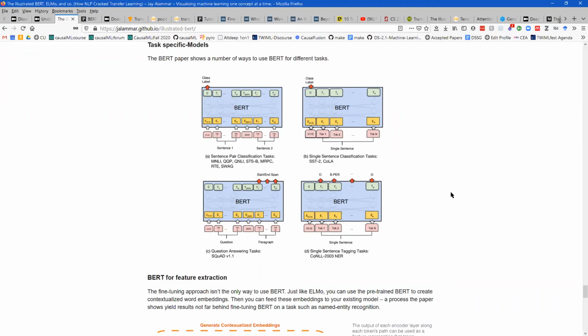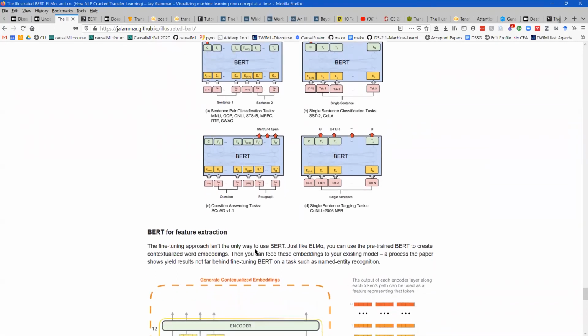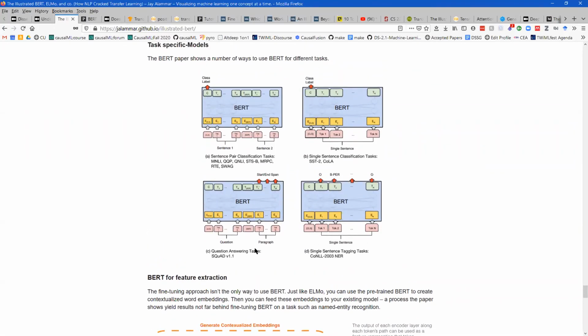And all of them, the schematics look very similar. The output is a class label. Okay, so that's task specific. You use the pre-trained BERT to solve different kinds of tasks.